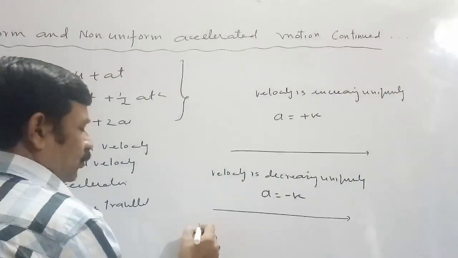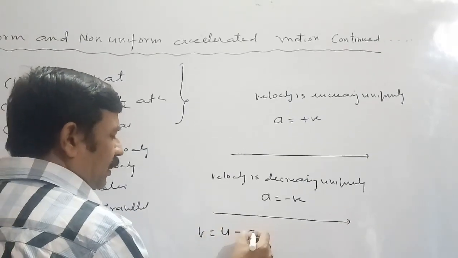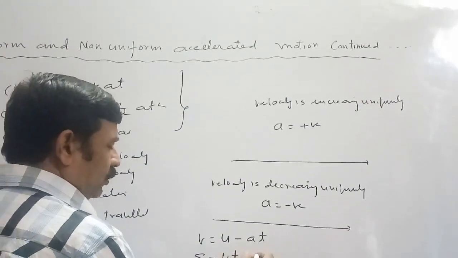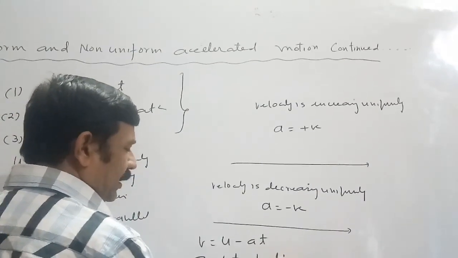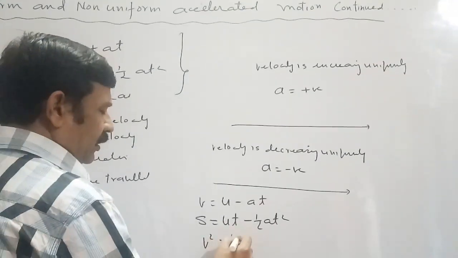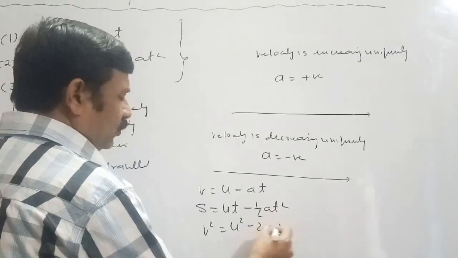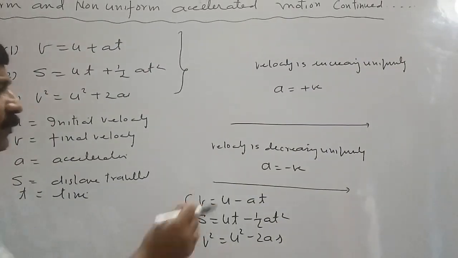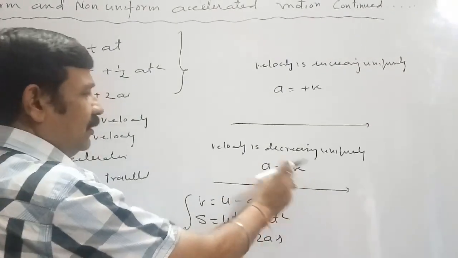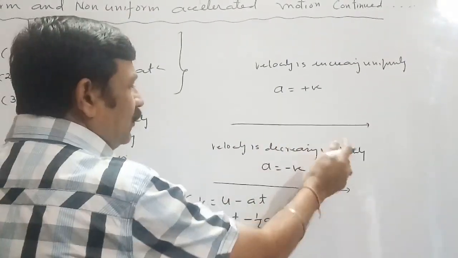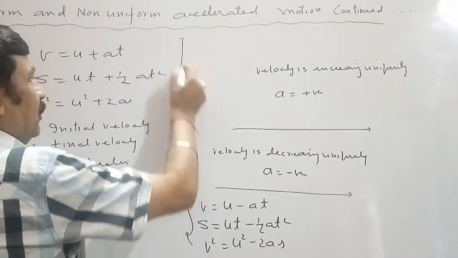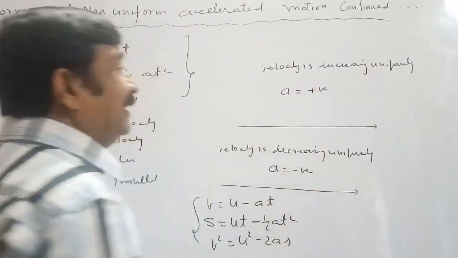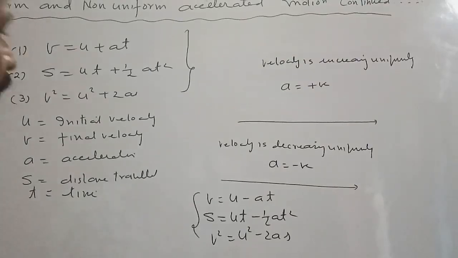Then the equations of motion become V is equal to U minus AT, S is equal to UT minus half AT square, and V square is equal to U square minus 2AS. These three equations we use when velocity is decreasing uniformly, and the earlier three when velocity is increasing uniformly.